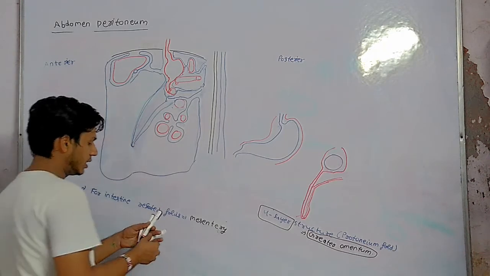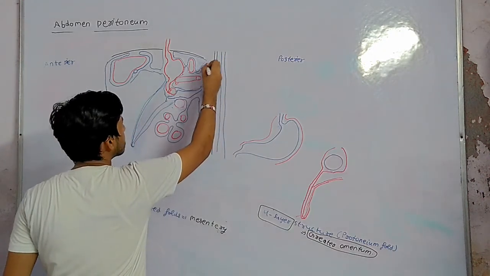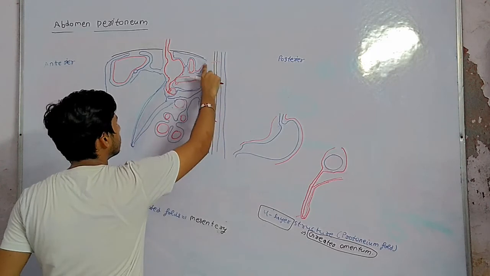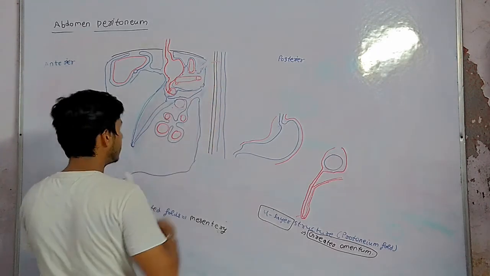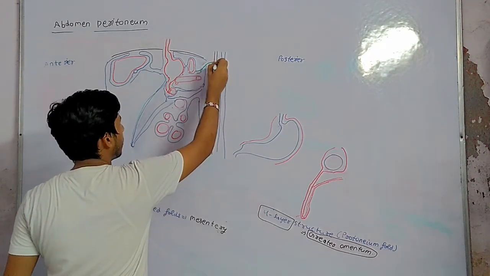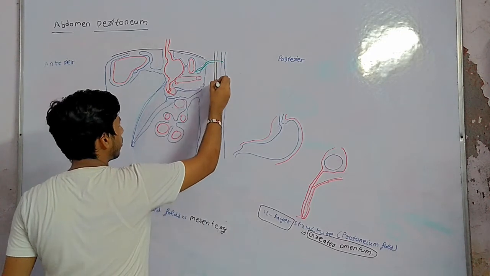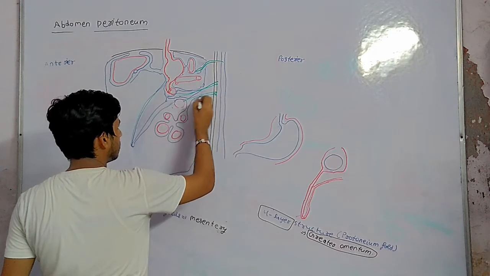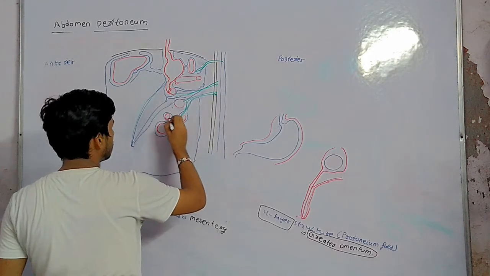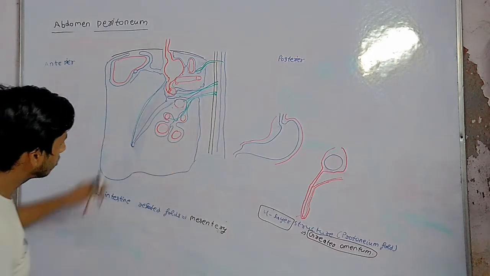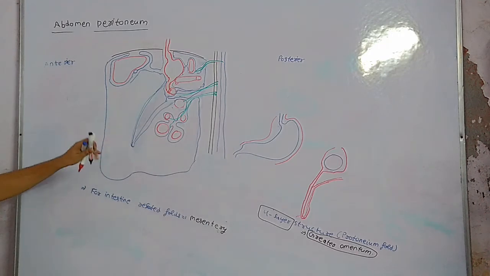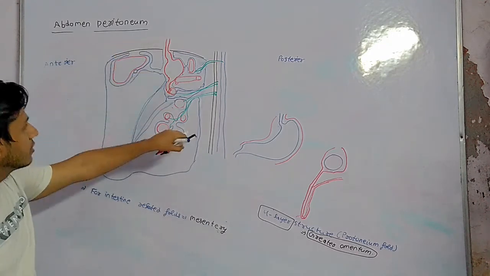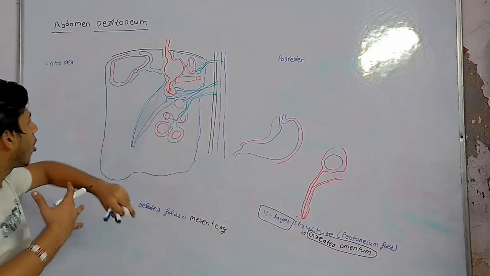This aorta again gives vessels. These vessels pass through this fold and supply this part. So for the posterior wall, through these ligaments, arteries and vessels supply the organs.